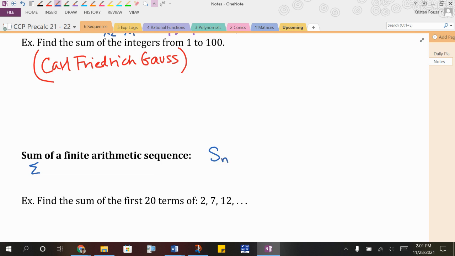So the sum of n terms, so again, we have to know how many terms, that's what makes it finite, is equal to n divided by 2, so number of terms divided by 2, times the first term, a_1, plus the last term, which is a_n. Okay, so number of terms divided by 2 times first plus last. And that will actually give us the sum of the finite arithmetic sequence. And we'll see why that works when we look to see what Gauss did with it.